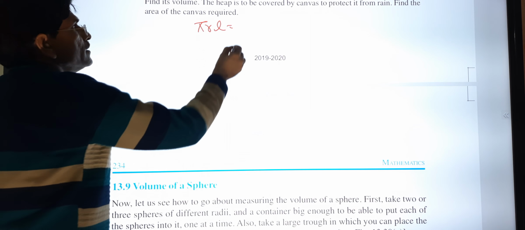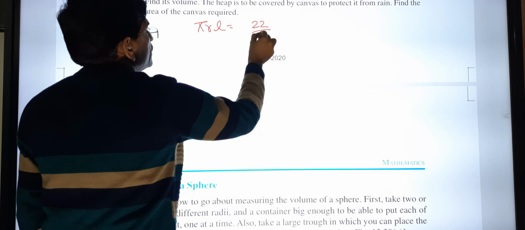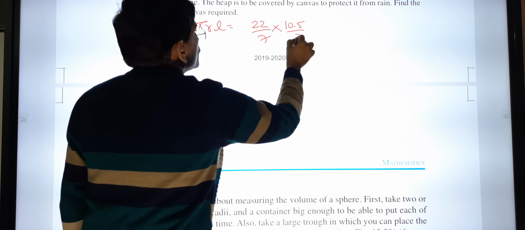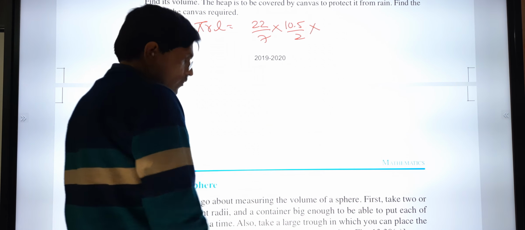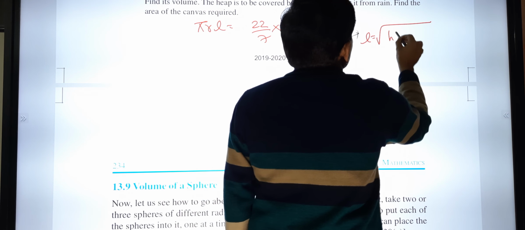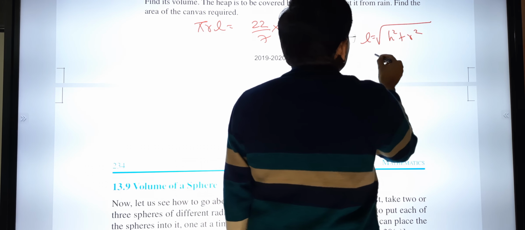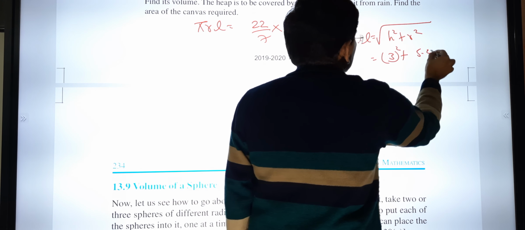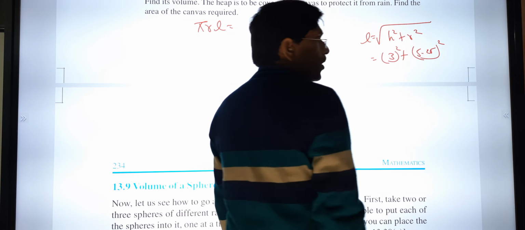That is the last. So 22 by 7, again 10.5 by 2, and l anyhow I have to find out. So l is equal to under root h square plus r square. Now h we know, 3 square, and 5.25 square, that I have to find out.